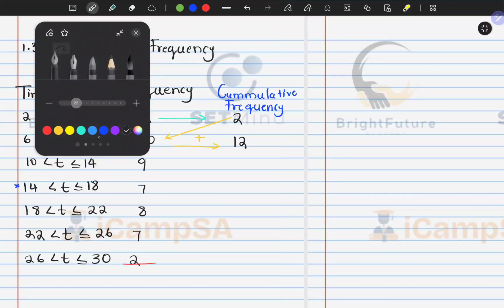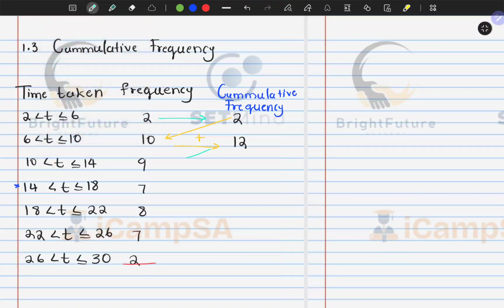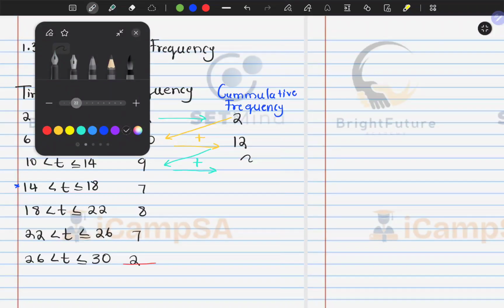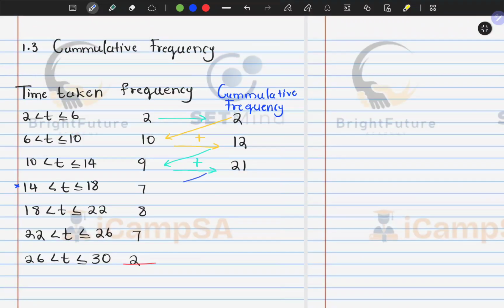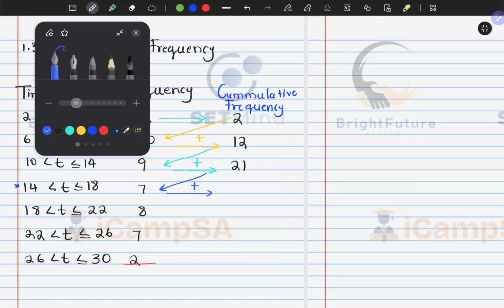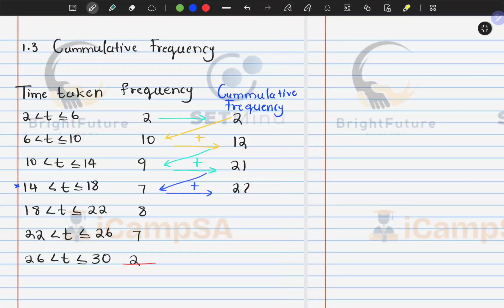Then you do exactly the same thing: you take the 12 and add the 9, so 12 plus 9 becomes 21. Then you take the 21 and add the 7, so 21 plus 7 becomes 28.